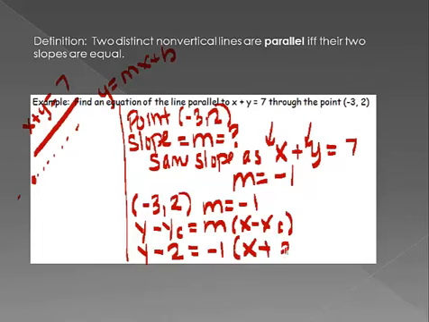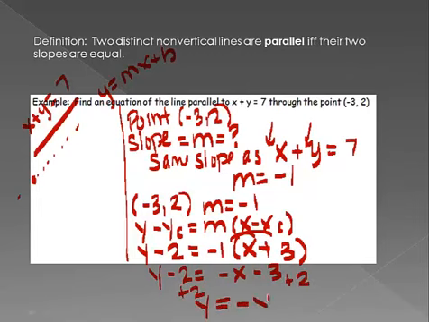So I'll go ahead and put that as a plus right now because minus a negative is a plus. I'm going to go through and distribute. And then I just need to get rid of this minus 2, so put that on the other side by adding it. My equation is y is equal to negative x minus 1.